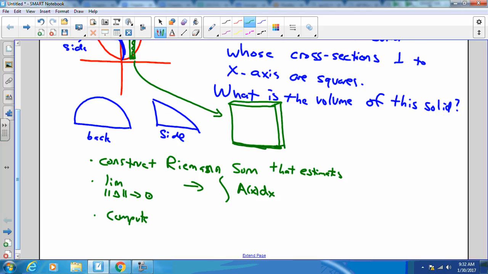And then we are going to compute it. That's our plan. However, we can take this plan and abbreviate it just a little bit.